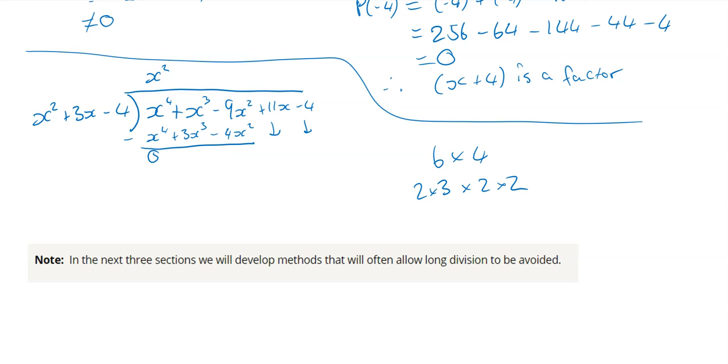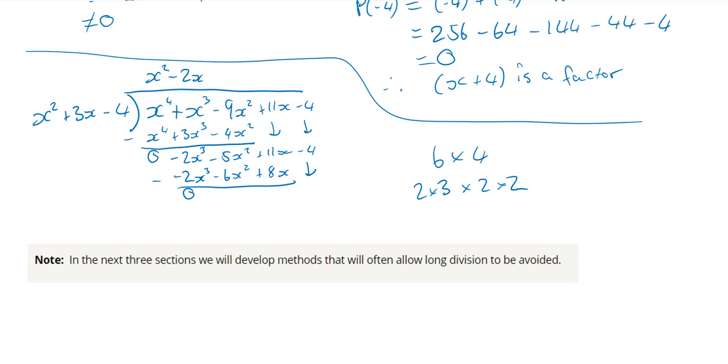0. X cubed minus 3x cubed is going to be negative 2x cubed. That's effectively negative 9x squared plus 4x squared, minus 5x squared plus 11x minus 4. Negative 2x is my next thing. So negative 2x cubed times negative 2x gives you minus 6x squared and plus 8x carries down. 0.